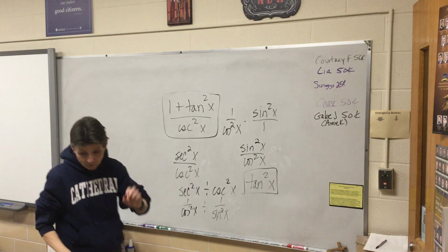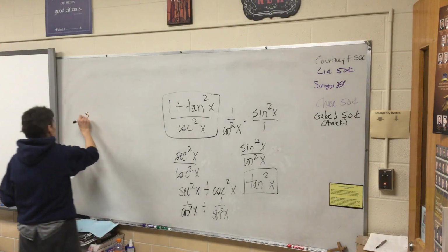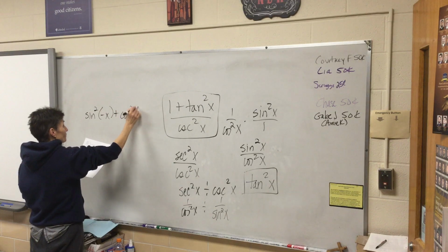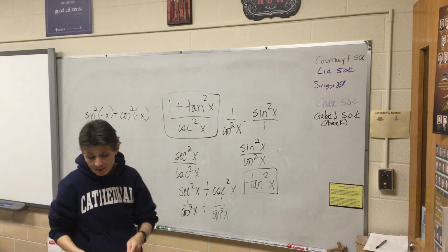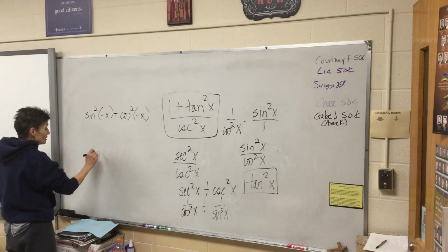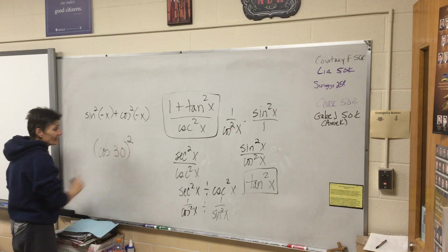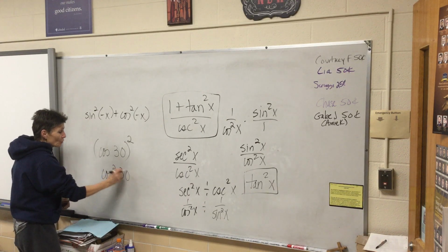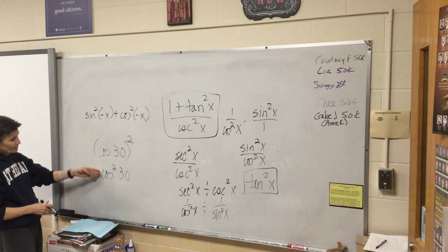Okay, so the next one, we're just simplifying now. We've got sine squared. By the way, when we square trigonometric functions, like if we want to take the cosine of 30 and square it, we normally write it like this, so that we don't have to use the parentheses, but that's what this means.